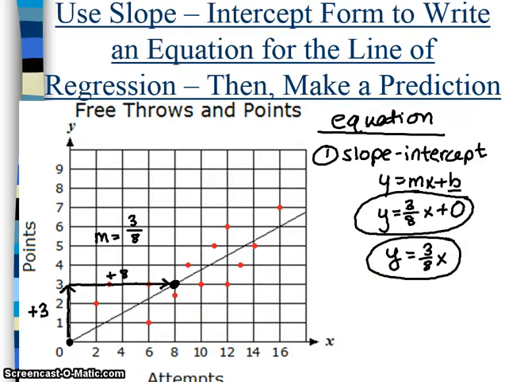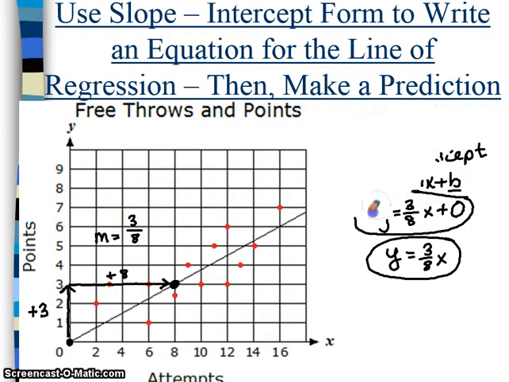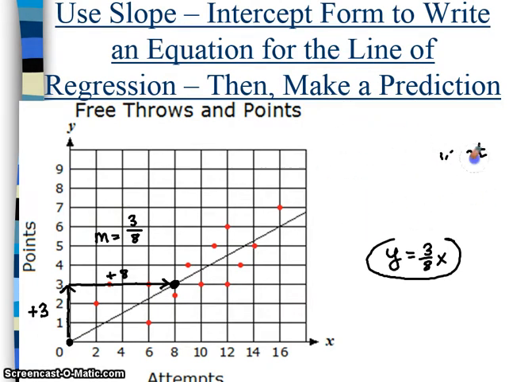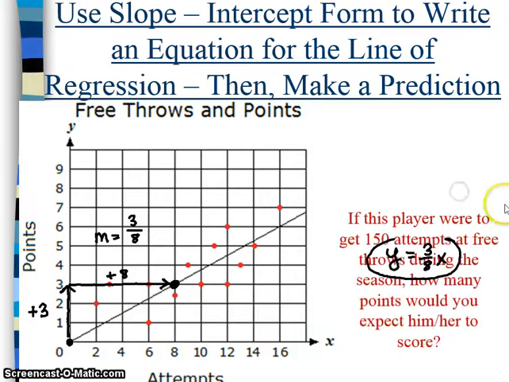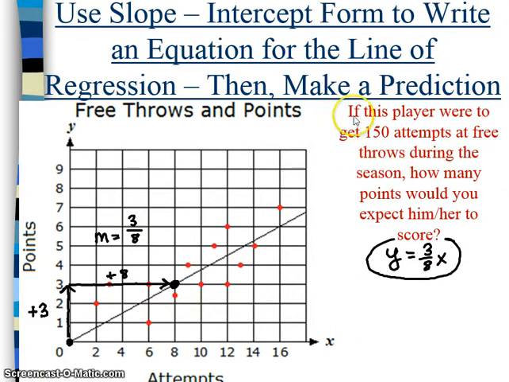We can now use this equation that we just generated to make a prediction about a certain situation. Here's our situation. If this player were to attempt 150 free throws during the season, how many would you expect him or her to score?